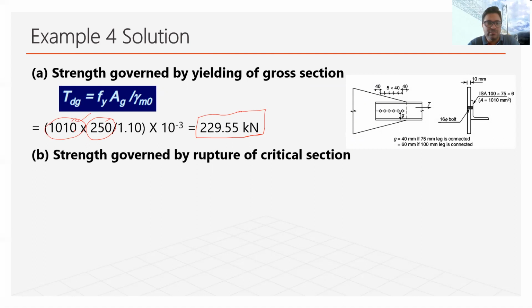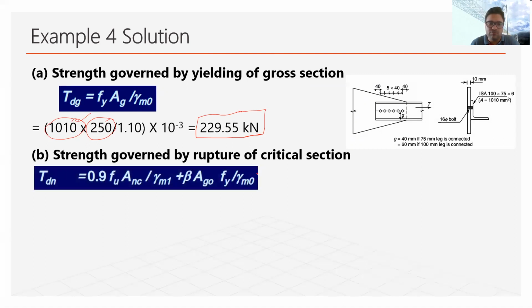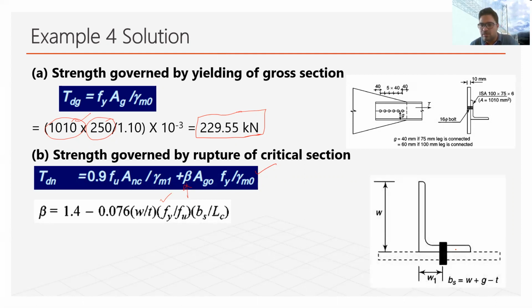Now the difference in the strength of rupture will be there because the leg length is changed. So we will again use the same formula, and again we will find out the beta value. The beta value is again calculated using this formula, and in this case W and BS length will be changed because the leg length is changed. You can see here in the previous case this leg length was 100, but in this case this leg length is 75 and this leg length is 100.